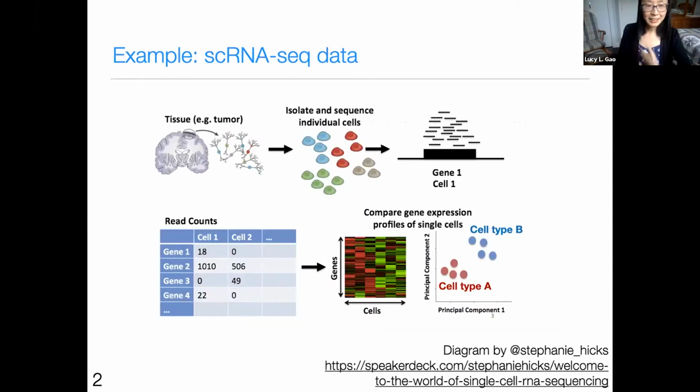Perhaps the archetypal modern example of this task, though it occurs in a lot of places, comes up in single-cell RNA sequencing analyses, which I'm sure a lot of you in the audience are more familiar with than I am. But I'll briefly go over it. A common analytics task in these settings is to compare the gene expression profiles across different cell identities.